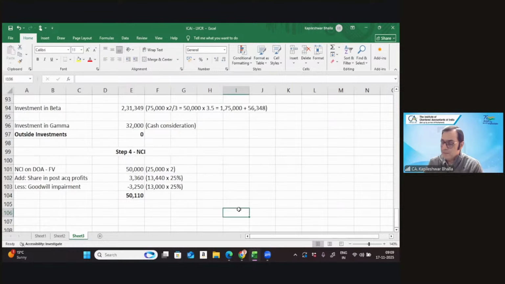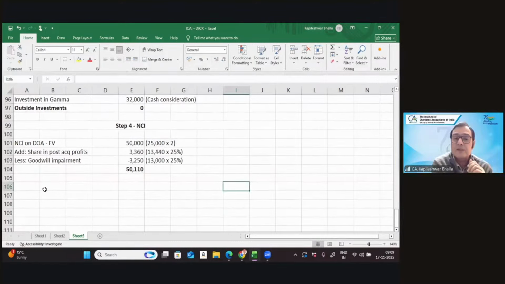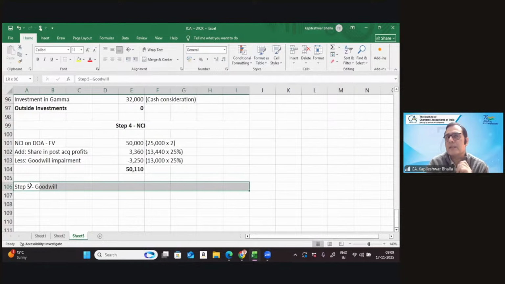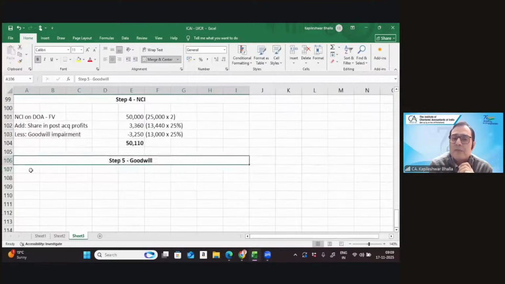So with these inputs in hand, we're ready to go to step number 5, and that is going to be the goodwill calculation. Technically, we also need the goodwill for the associate company as well. But we are not really bothered about that, because number one, that amount of goodwill appears as a part of the carrying amount of the investment.